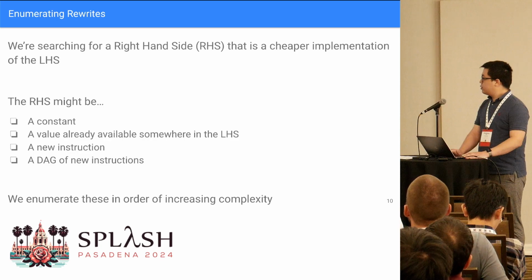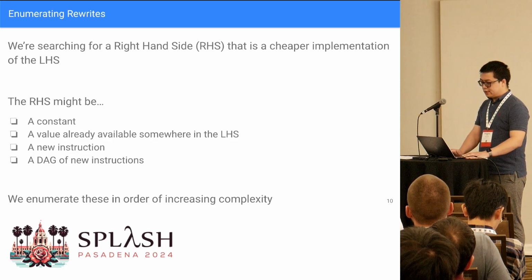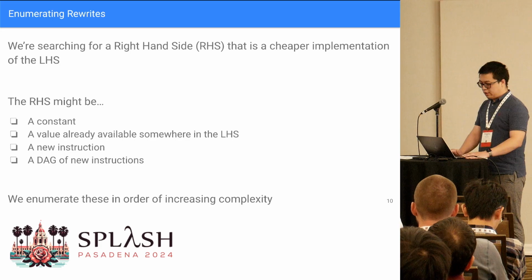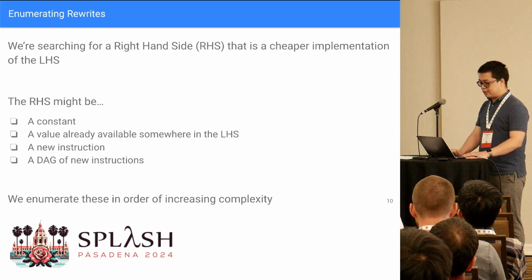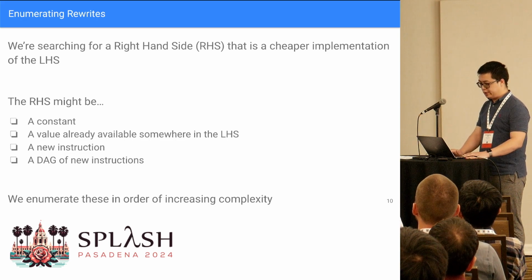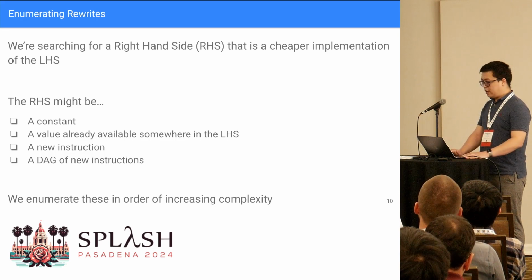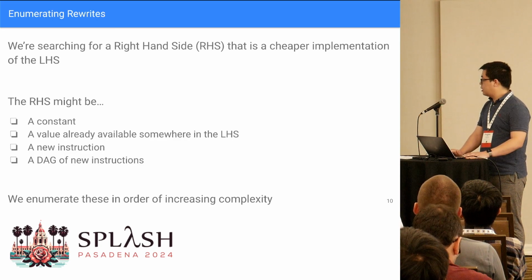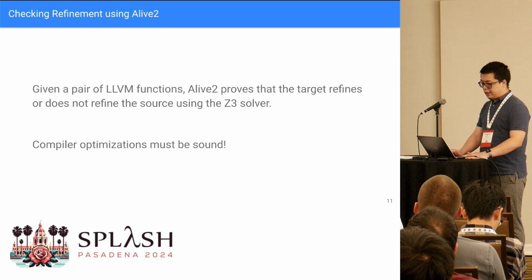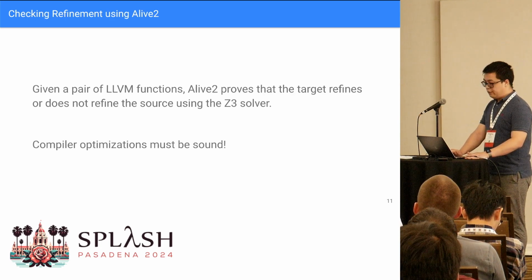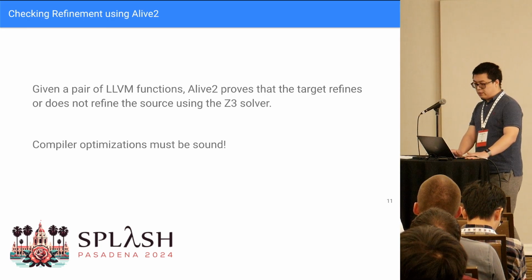So we perform a search algorithm. We enumerate all the possible right-hand sides up to a certain user-predefined resource limit, and in the order of increasing complexity.